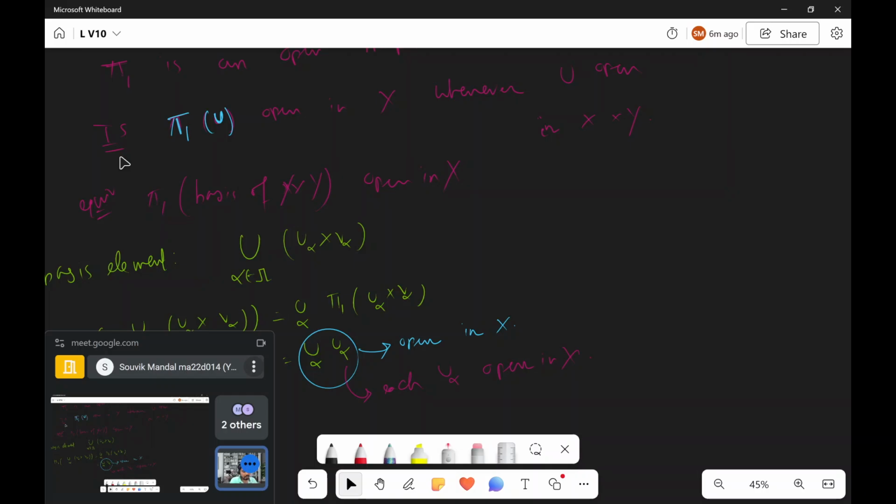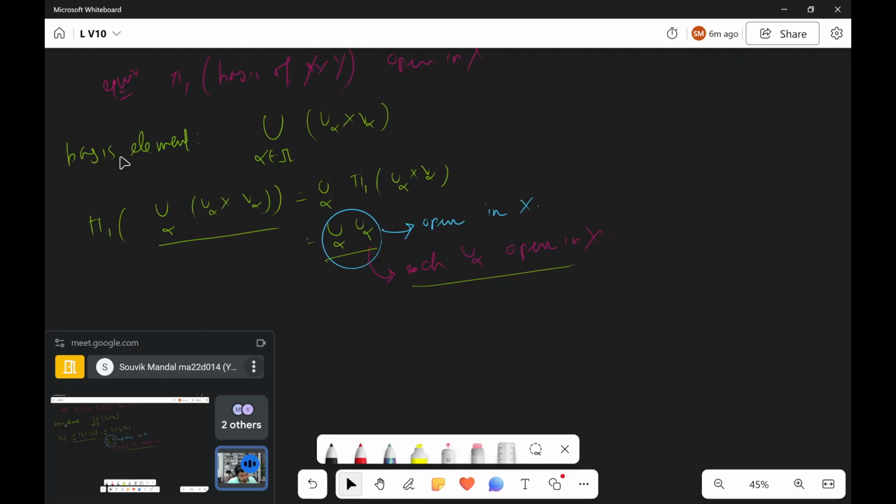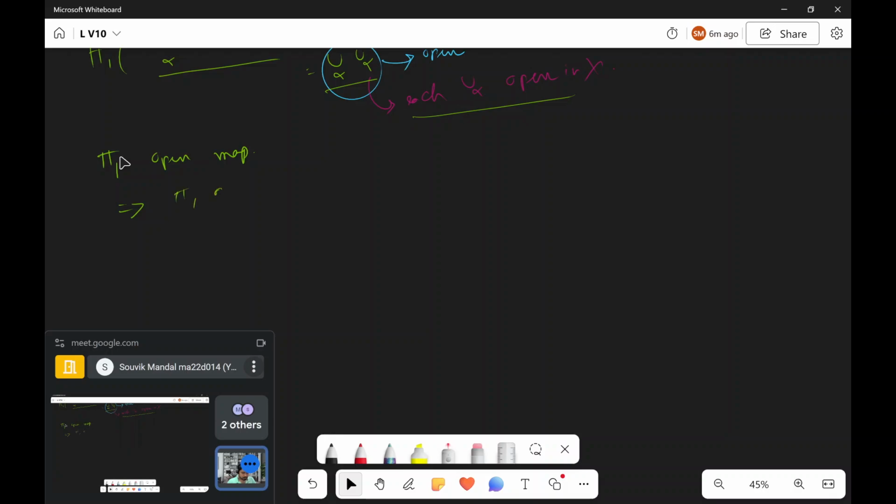We showed that pi 1 of the union is equal to the union of U alpha, which is open in X, and so pi 1 is an open map. And this implies pi 1 is a quotient map.